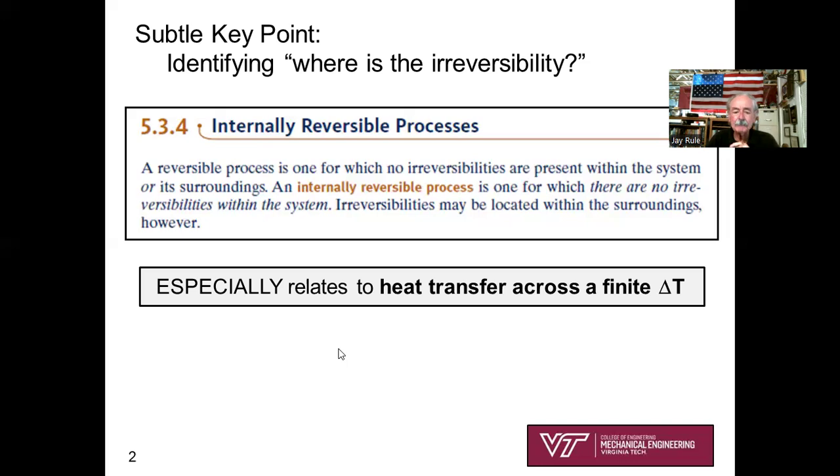But the hard part is wrapping your head around heat transfer across a finite temperature difference. My remarks here are particularly related to how we deal with processes that involve heat transfer of any type, and then how we model processes as internally reversible.